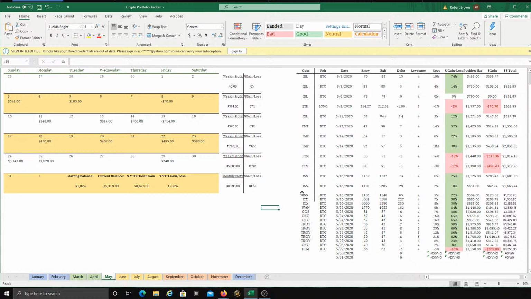In case of INS, let's just say I was holding that longer and it wasn't moving, but ICX did. So I could have made profit in ICX and maybe not so much profit in INS, or even taken a loss in INS, but the win from ICX could have offset that loss.